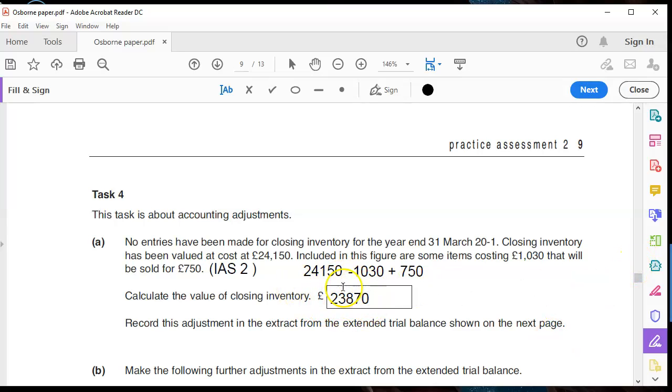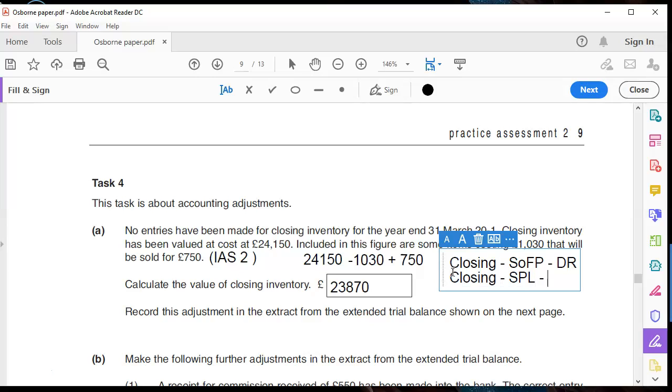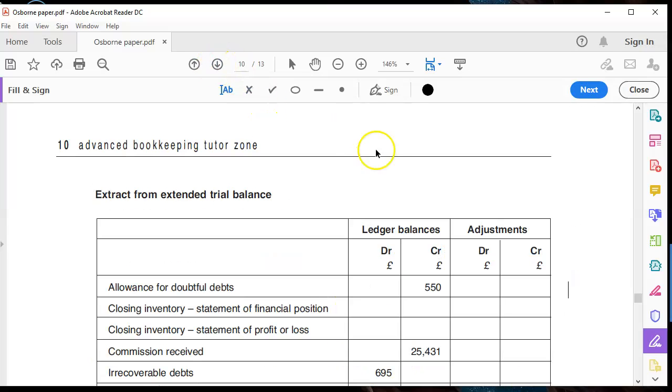So you need to record the double entry for the closing inventory. Closing inventory SOFP is debited and closing inventory SPL will be credited. So that is what we write in the double entry. When we go into the next, we have both closing inventory SOFP and SPL.